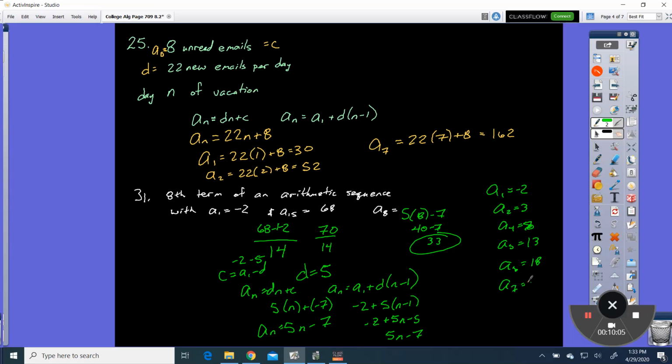Add 5 more to that makes 23. Add 5 more to that. One, two, oh, I skipped 3. 3, 4, 5, 6, 7, 8. So anyways, you can do it either way. Whatever way makes you happy, that's how you do that problem.